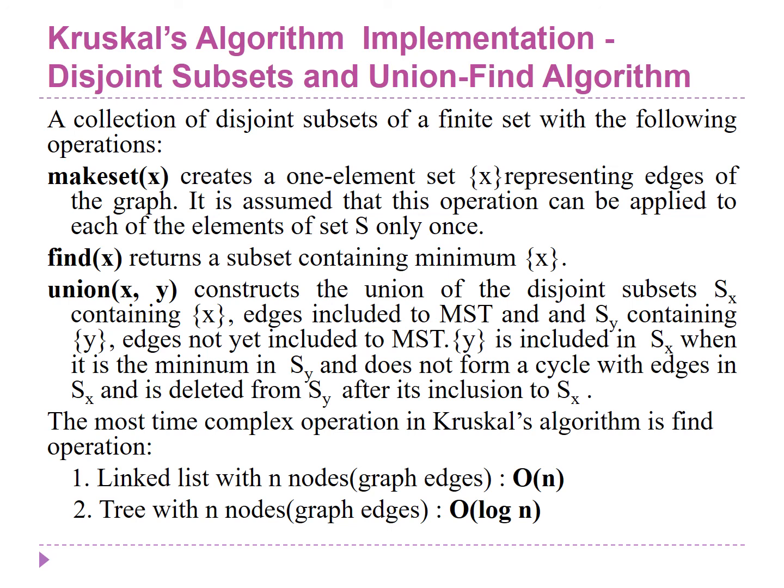The most complex operation in Kruskal's algorithm is the find operation. Hence, if the graph edges are represented as a linked list, then the time complexity of Kruskal's algorithm is big O of n. And if the graph edges are represented as a tree data structure, then the time complexity of Kruskal's algorithm is big O of log n.